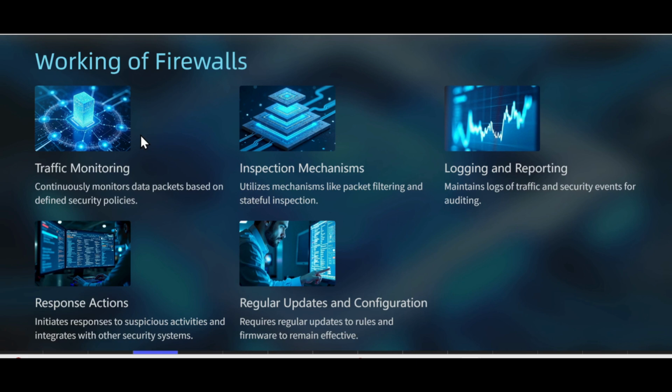All activities are logged, allowing administrators to audit traffic patterns, investigate incidents, and maintain compliance. When suspicious activity is detected, firewalls can block the traffic, drop packets, and alert administrators, integrated with other security systems.